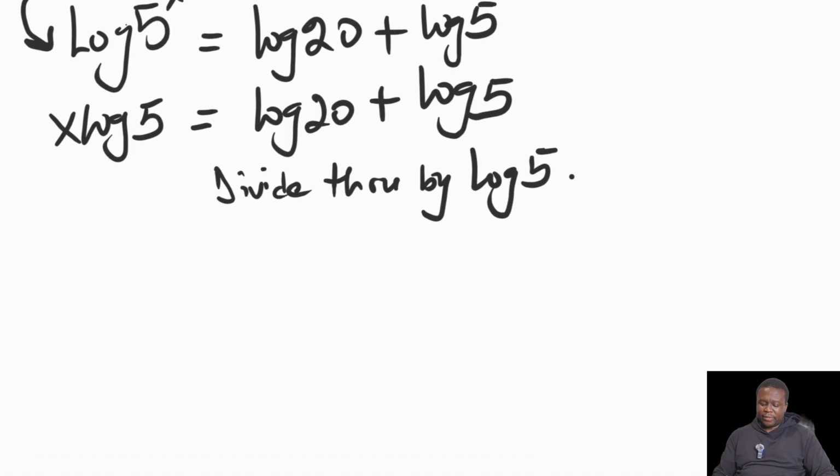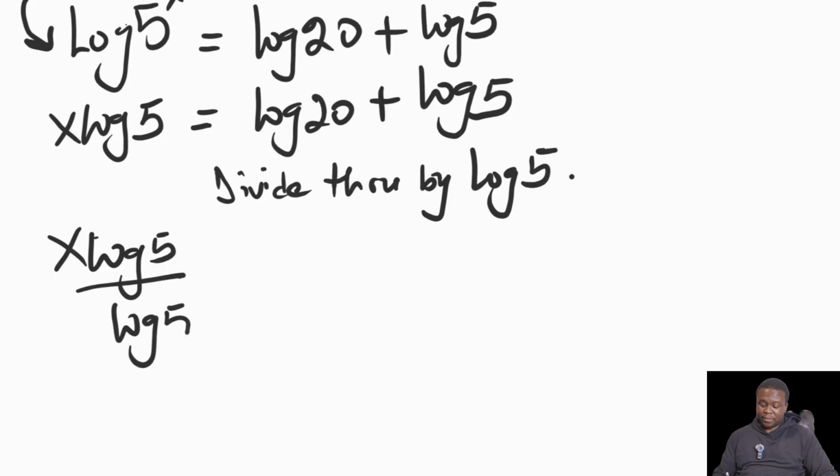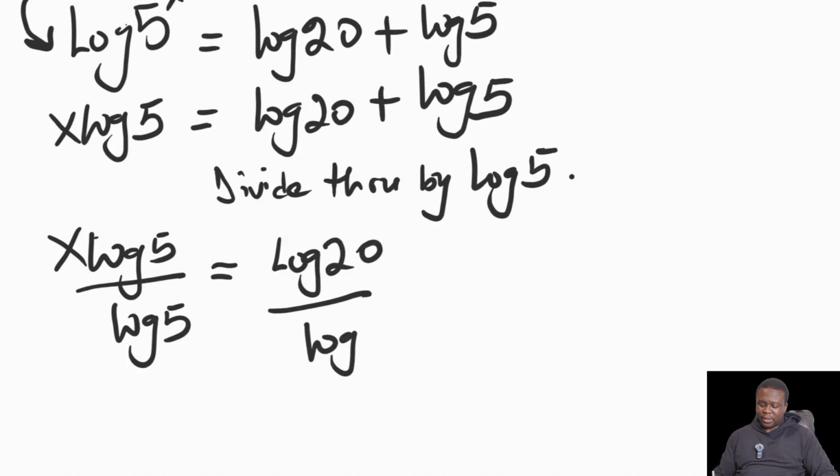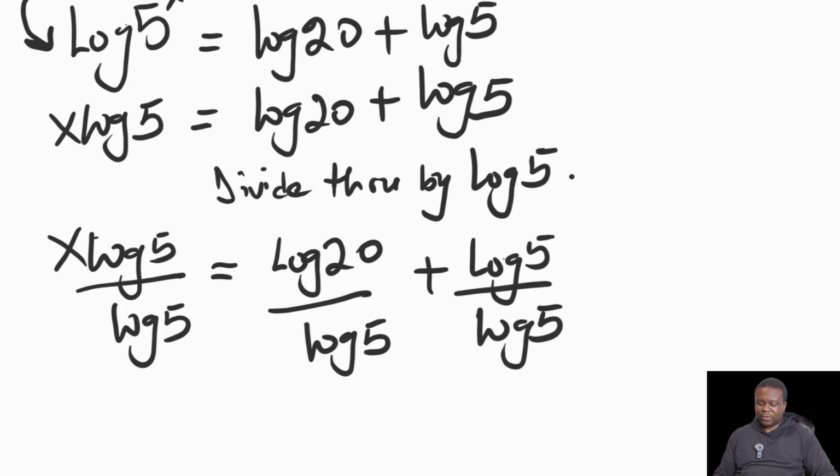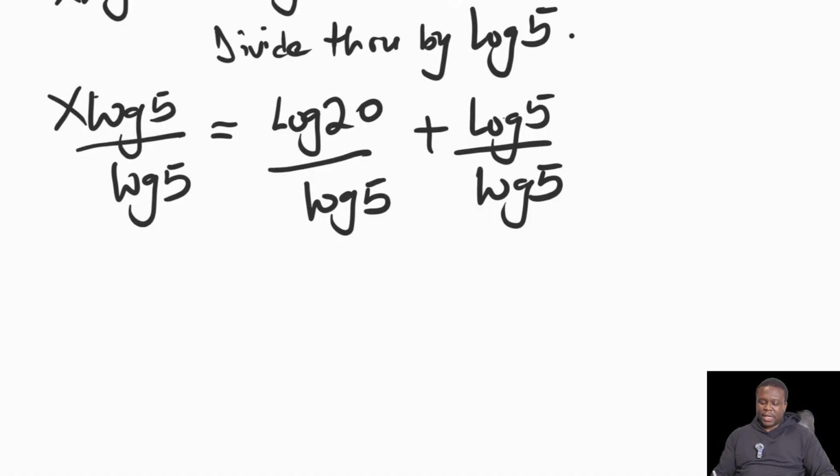So now we have x log 5 divided by log 5 equals log 20 divided by log 5 plus log 5 divided by log 5. So log 5 cancels on the left-hand side, we have 1. Log 5 cancels here as well, we have 1.